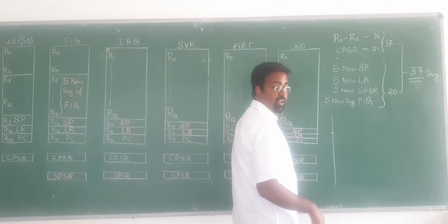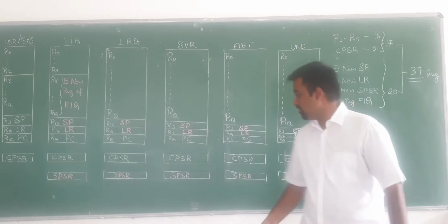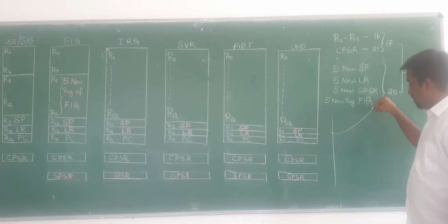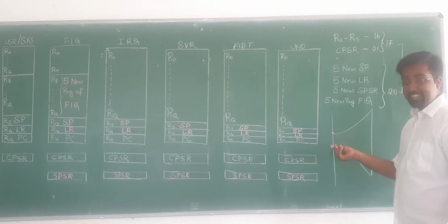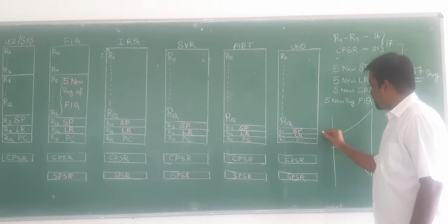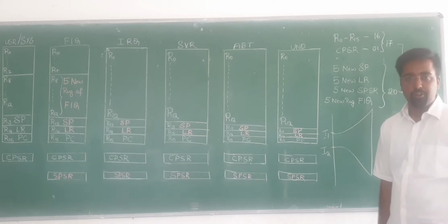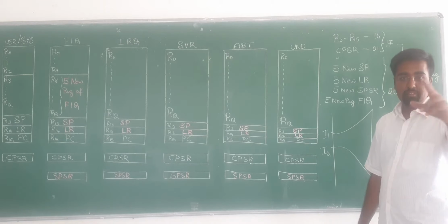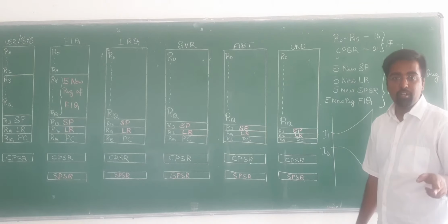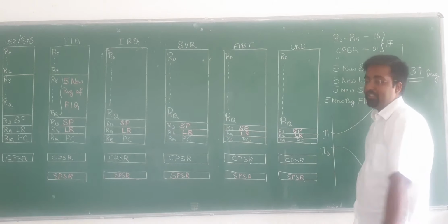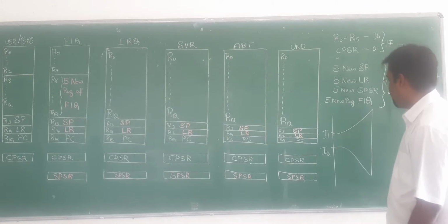If an interrupt occurs, the ISR is taken, it executes itself, then it comes back for the next instruction. This is my instruction 1, this is my instruction 2. Observe properly. The next 2 minutes are very important for you to understand. If you understand, all other things will become much simpler.